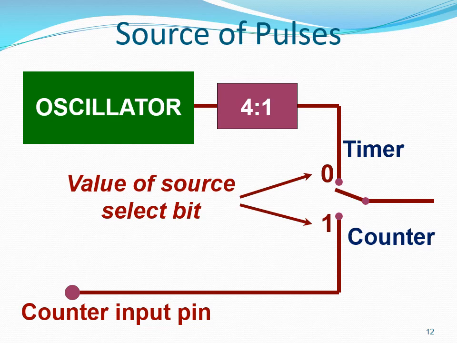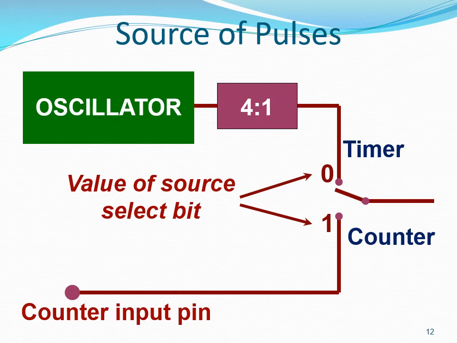Generally, a timer module can operate in either the timing mode or the counting mode. In the timing mode, the timer counts the number of pulses that are received from the oscillator. In other words, the count value is a measure of the time period that the timer has been running.